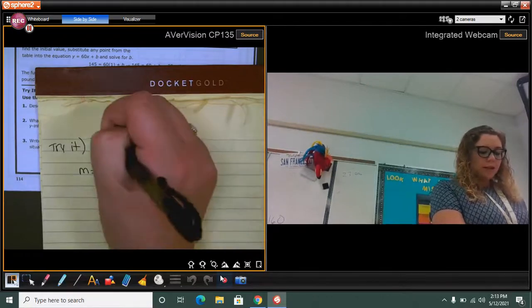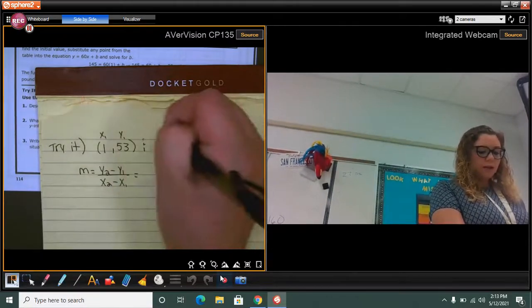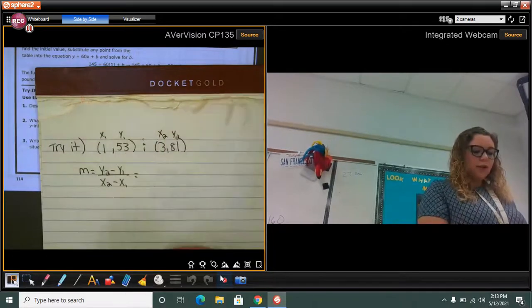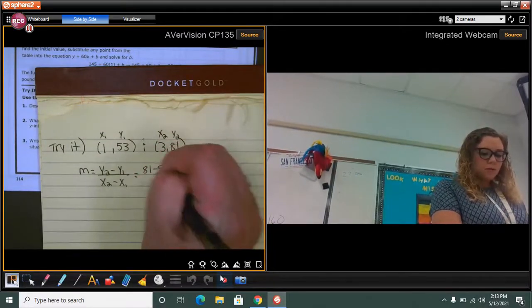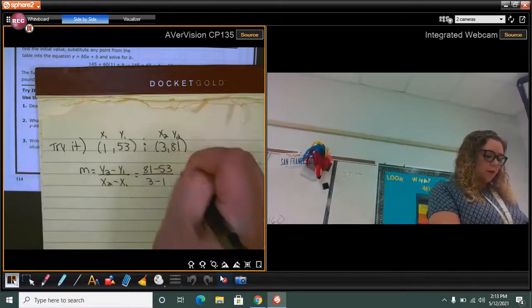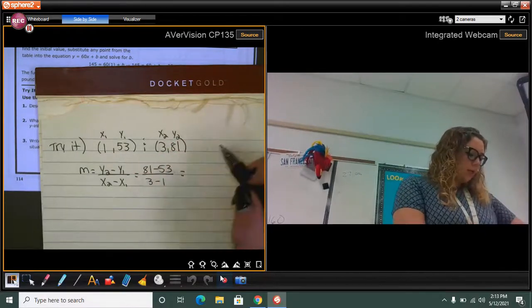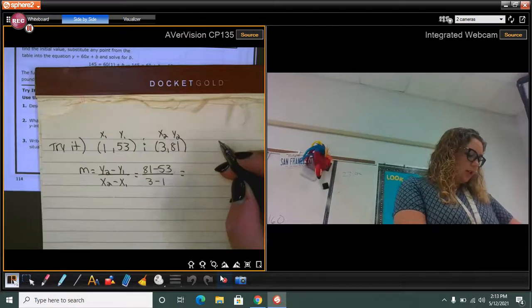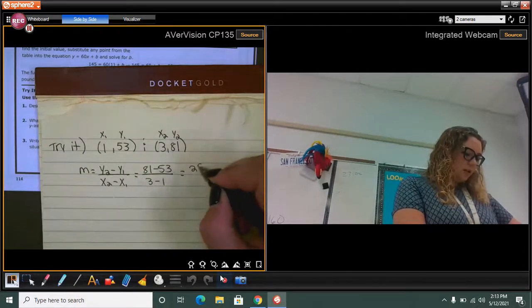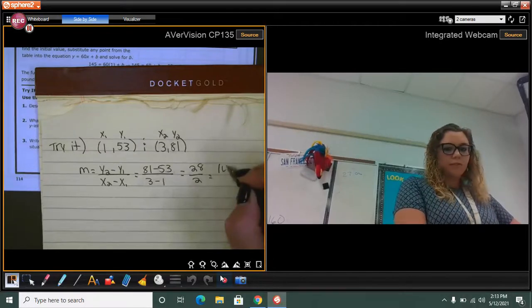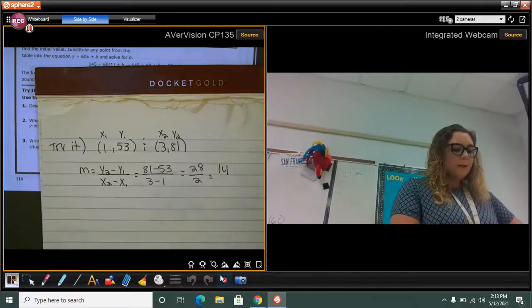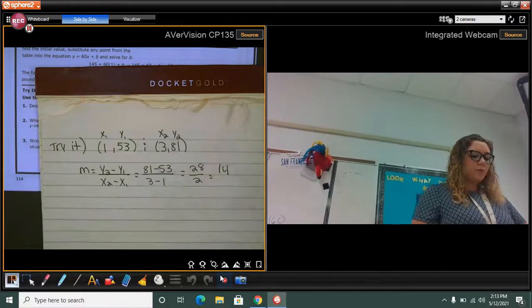So again, this is x1, y1, x2, y2. Plug these in and solve. Okay? 81 minus 53 is going to give me 28. 3 minus 1 is 2. 28 divided by 2 is 14. Okay, that is my slope.